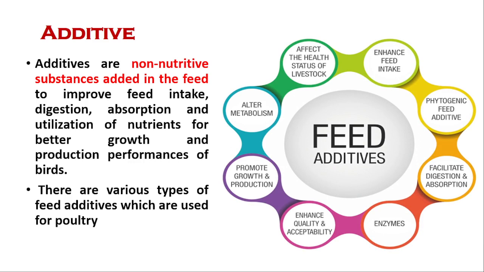These feed additives improve the health status of livestock. They enhance feed intake and alter the metabolism. They also promote growth and production of chickens and eggs. They are used to enhance the quality and acceptability of food.